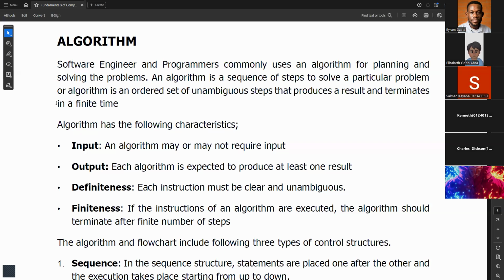We've talked about what algorithms are. We said they are a sequence of steps to solve a particular problem, or an ordered set of unambiguous steps. If you say unambiguous, what it means is that the steps are clear, they are clearly defined, so they don't contradict each other, that produce a result or terminate after a finite time.